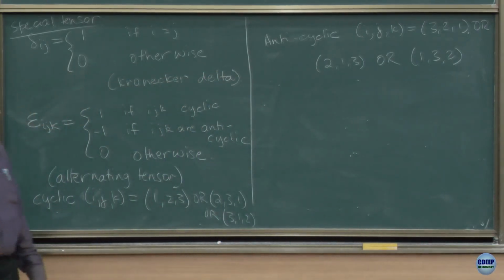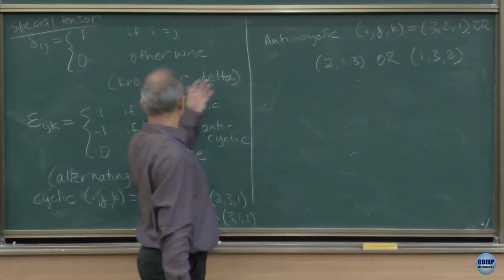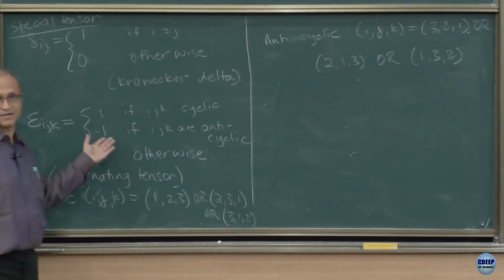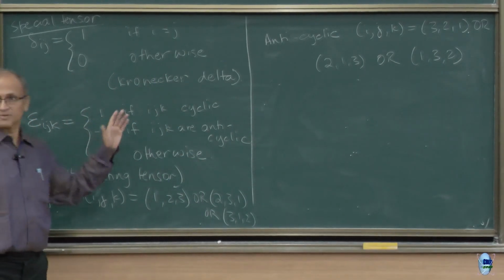So you can see that these are the three possibilities where if i, j and k occur in this order, then the value of this epsilon will be simply -1. Is this understood?